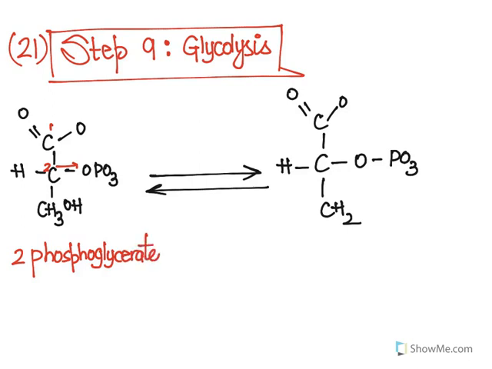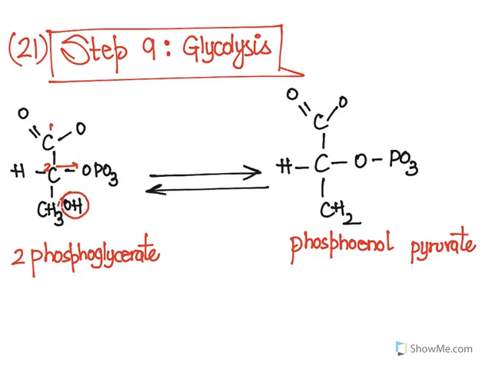And then it's a reversible reaction. And the name for this product is phosphoenolpyruvate. Now, basically what is happening here? What are the changes that we are seeing from our reactants to products?